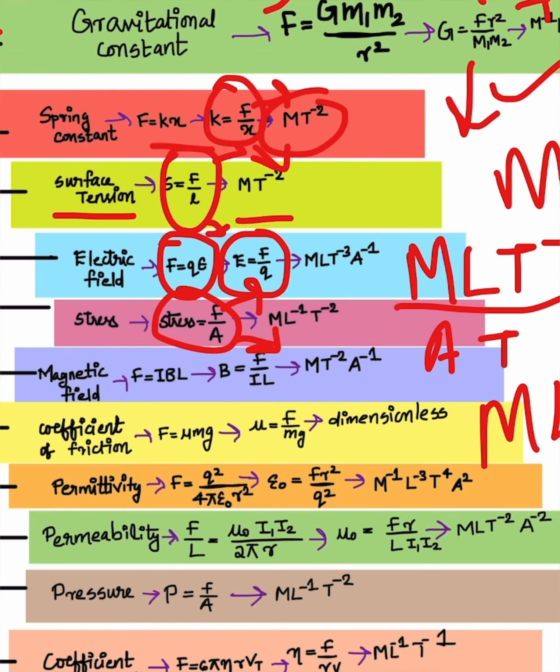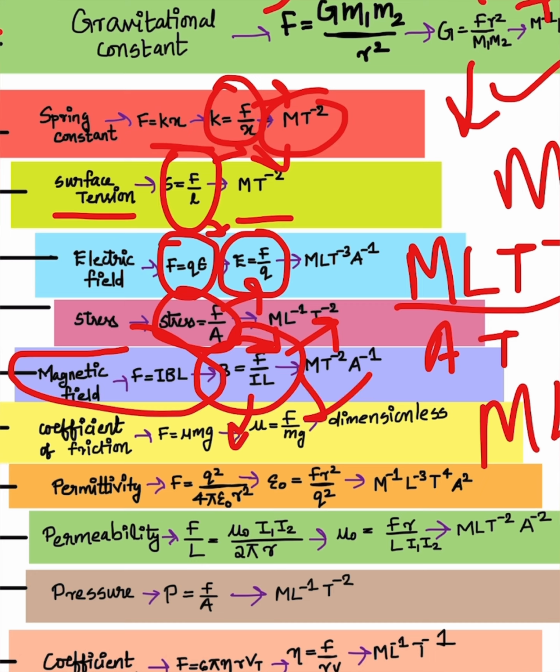And magnetic field: F is equal to IBL, B is equal to F divided by IL. F is the force and I is the current and L is the length of the conductor or rod.